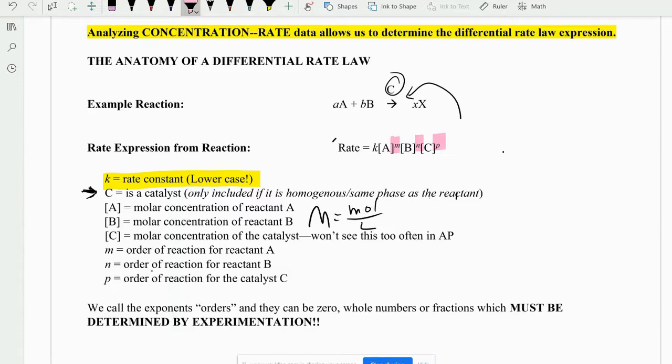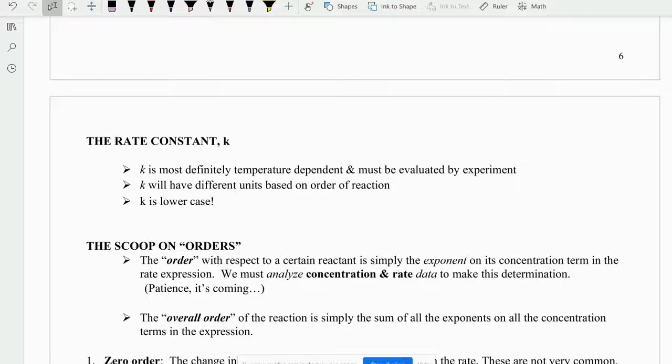In this next set of material we're going to cover, you are going to set up the rate expressions using a series of concentration and rate data. Okay, so before we jump into a practice problem, I do need to front load some more information on you. Let's talk a little bit more about that rate constant. Again, it's lowercase k.